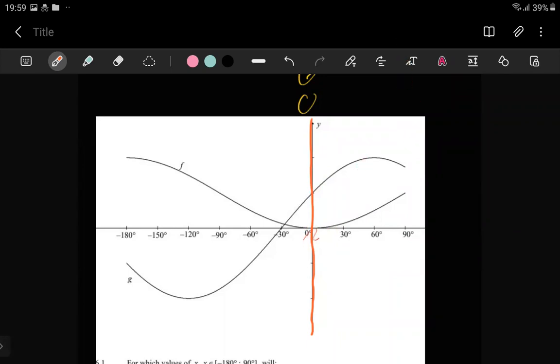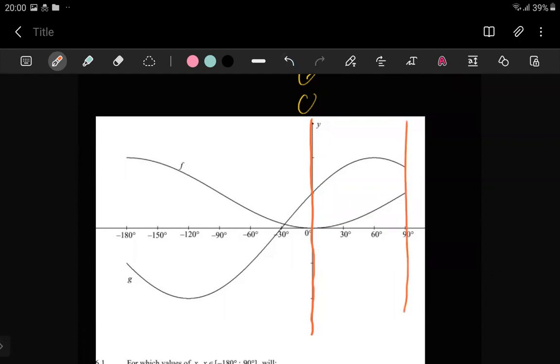If the y-axis moves 90 degrees to the right, it is as good as though the graph is being moved 90 degrees to the left. The reason I'm saying it like that is, I mean, logically speaking, right? No, let's not overcomplicate it. If the y-axis now comes here, right?